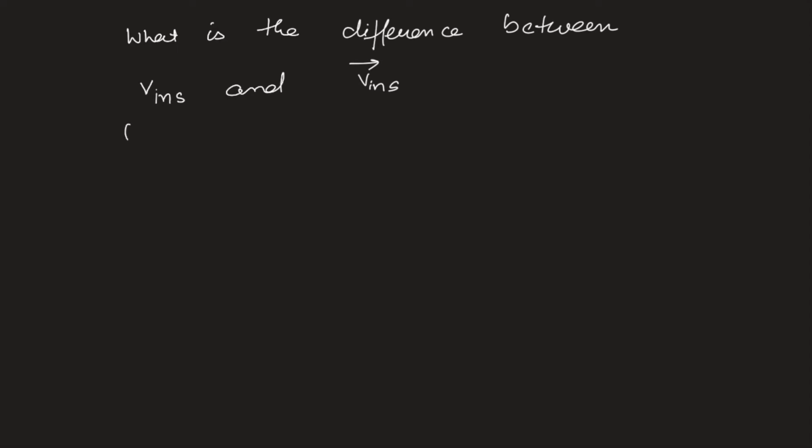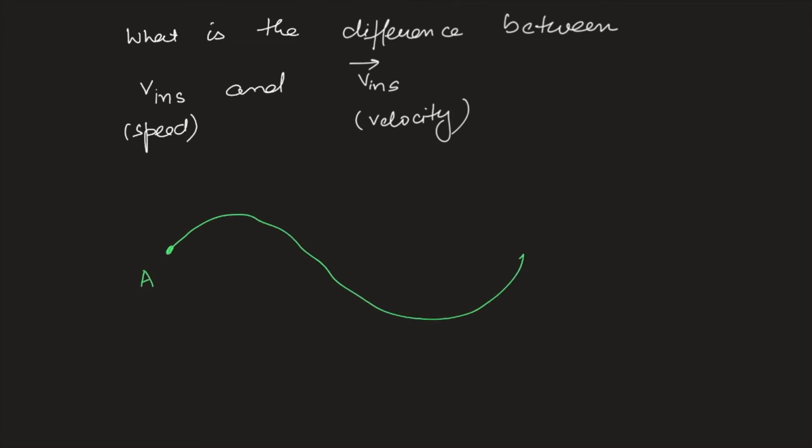So this is instantaneous speed and this is instantaneous velocity. As you can see, it has got a direction, so it's a velocity. Now, in order to discuss what instantaneous means, we will take up a path that starts from A and goes to B.